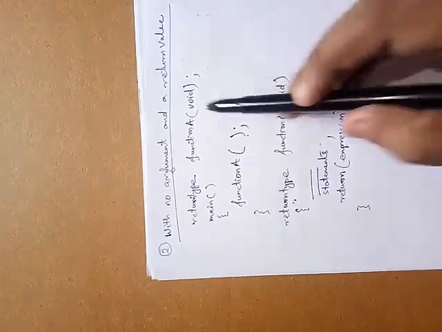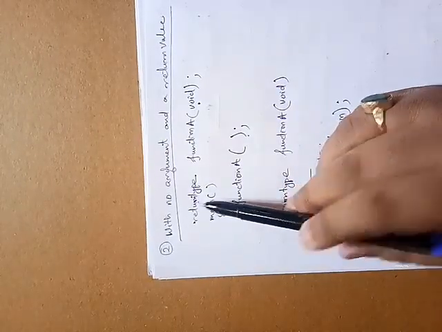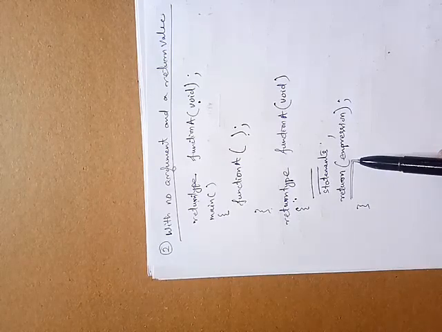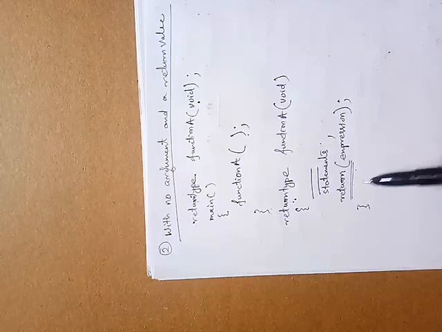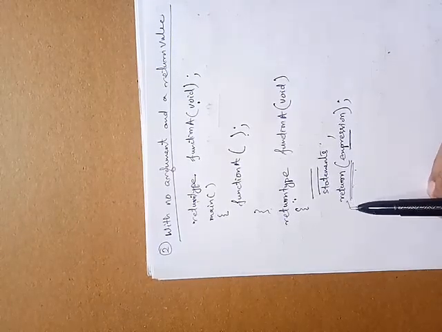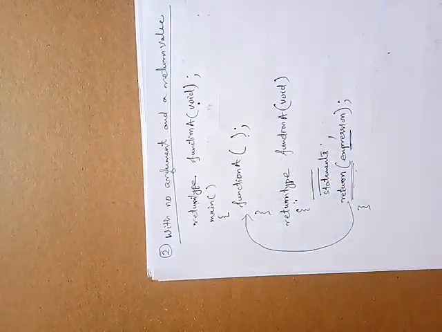Here there is no argument and a return type or return value, and we have to mention the return statement in the function definition part. So this return expression value will be sent to the calling function.